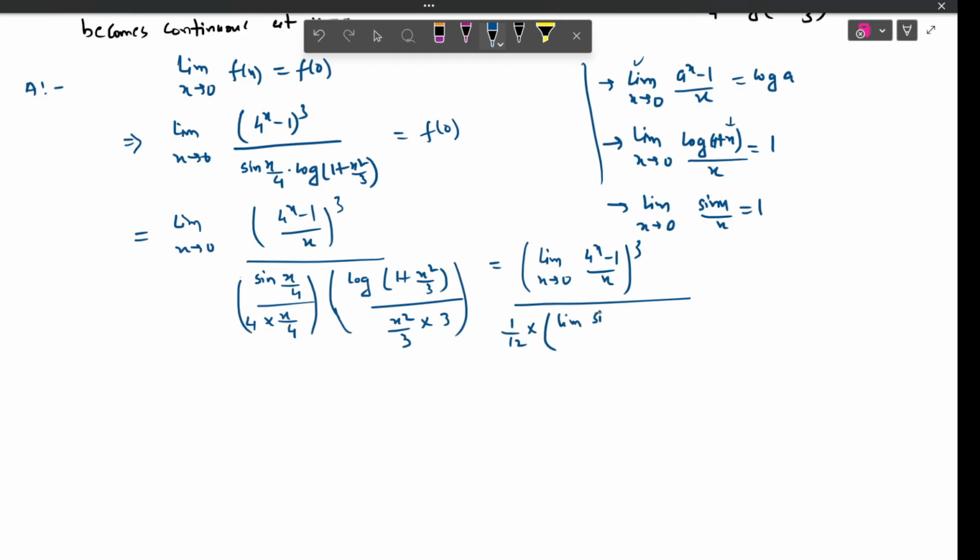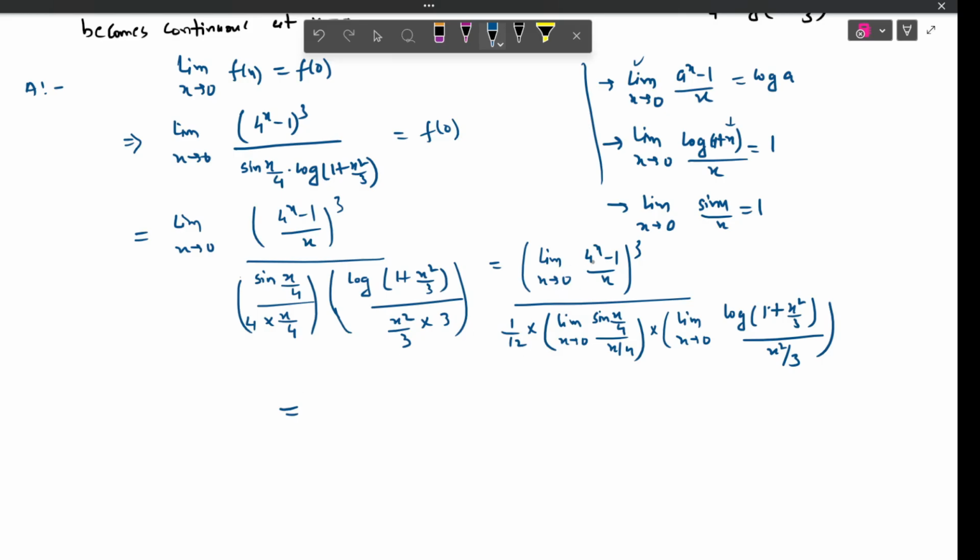limit x tends to 0 sine of x by 4 by x by 4, multiplied by limit x tends to 0 log of 1 plus x square by 3 by x square by 3.